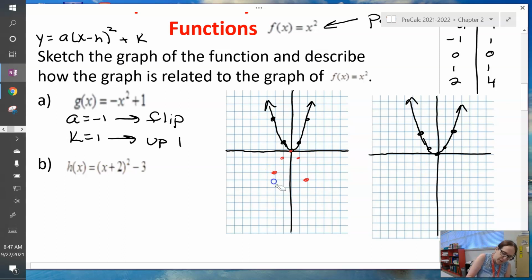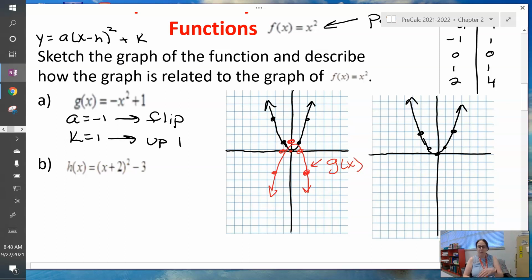So this point goes up 1. This point is going to go up 1. That point's going to go up 1. That one goes up 1. And this one goes up 1. So now I'm ready to graph g of x. So this one is g of x, the one that I did in red.